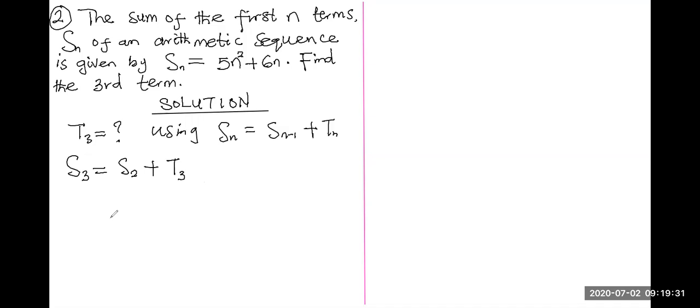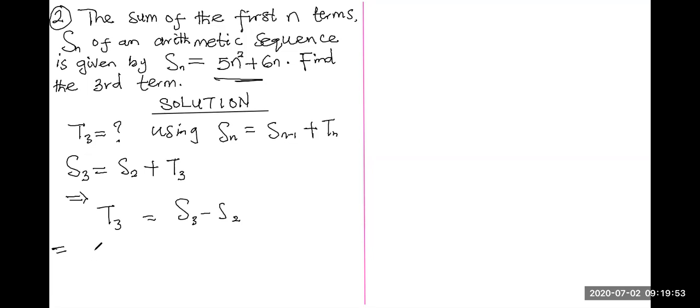So that implies that our T3 is equal to sum 3 minus sum 2. Sum 3 is when n is equal to 3, and here is the equation.